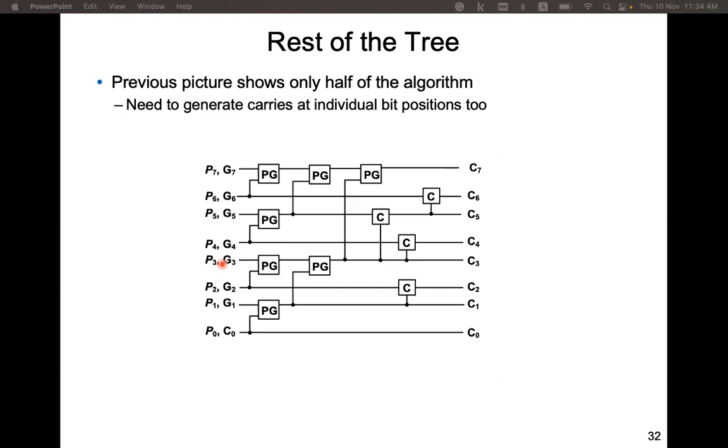Here is called just C3, the carry out for C3: group generate plus the group propagate times the group carry in. You treat this as a group, this as a group, carry in here. So this block will generate a group propagate and generate. So this can be generated.